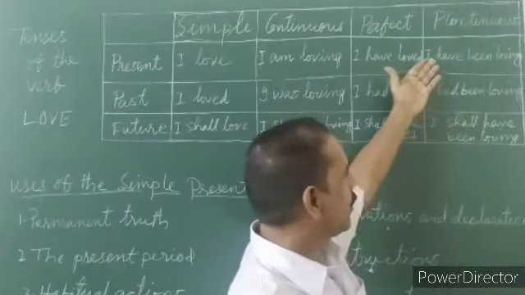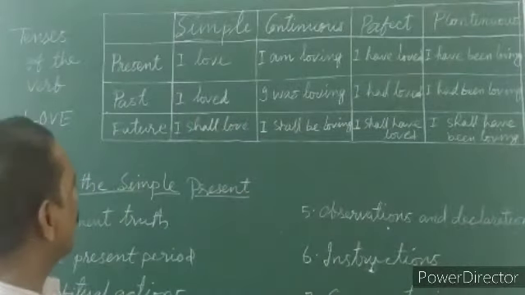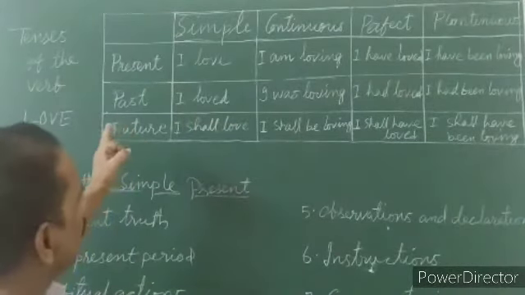So that is how we formulate the verbs. You have all the verbs and tenses here, in gist form: simple, continuous, perfect, perfect continuous of the present, past and future. Okay.